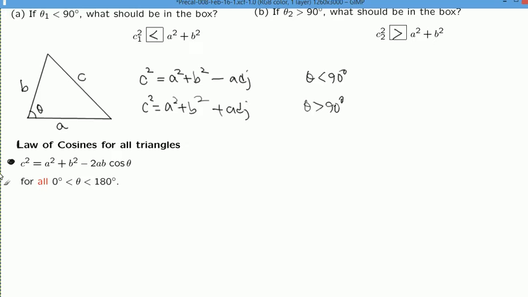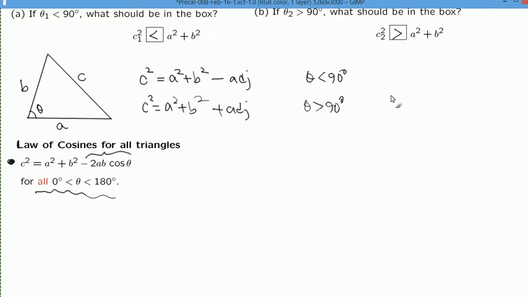Negative 2ab times cosine theta. This is the adjustment amount. If you throw this term in there, they're perfectly balanced, left-hand side and right-hand side. And this formula works exactly as it is for all angles between 0 and 180 degrees.